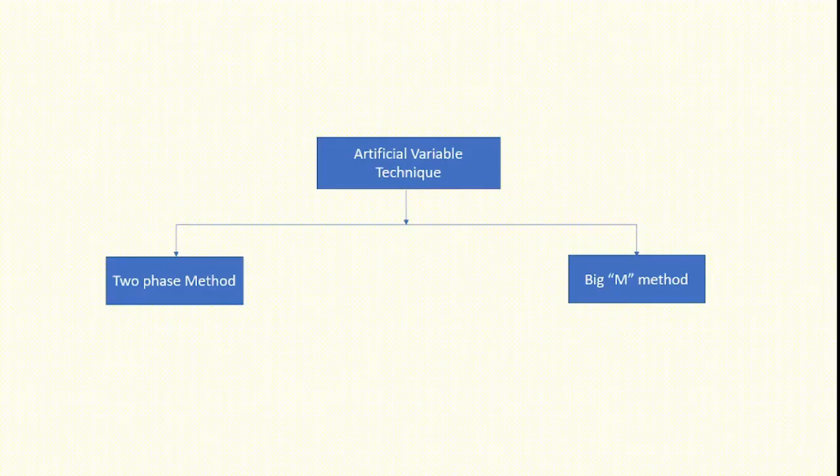The artificial variable technique is further classified into two types: the two-phase method and the big M method. Today we will discuss only the two-phase method. The two-phase method is used to find the initial feasible solution available with the problem.